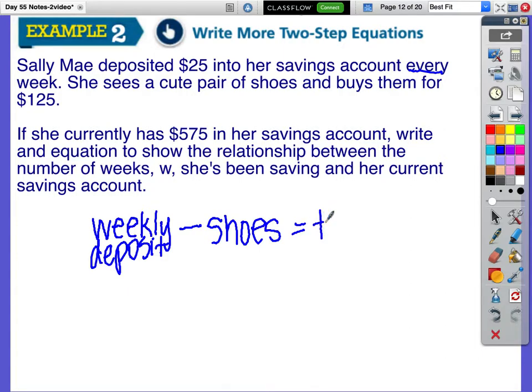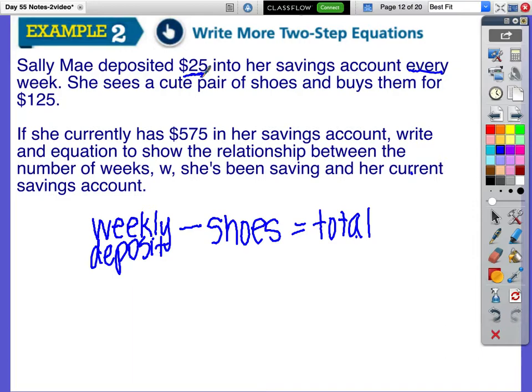And that's going to give us her total of what she has in her savings account now. Her current savings account. All right, so let's see. Do we know her total? And I'm kind of just working around. I guess let me just go in order so I don't confuse anybody. All right, she deposited $25 into her account every week. She sees a cute pair of shoes and buys them for $125.